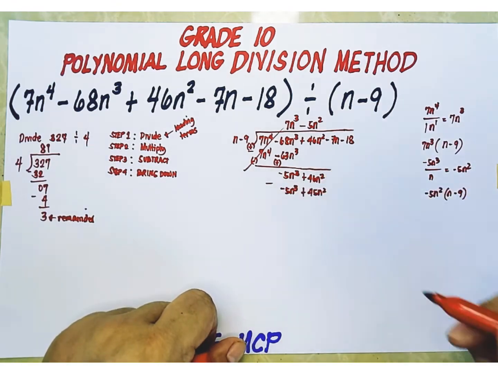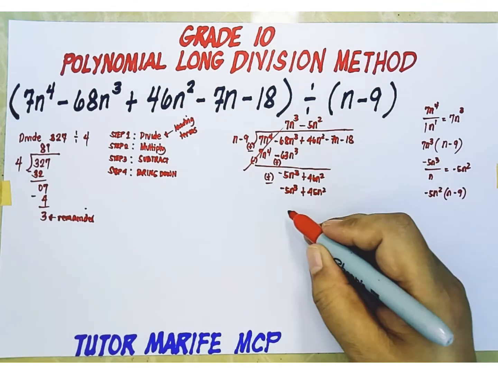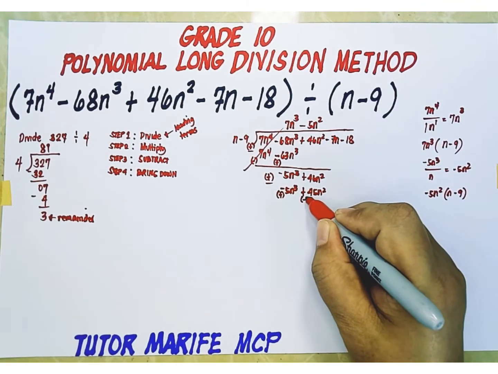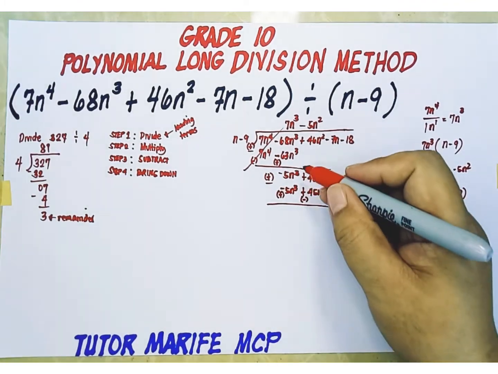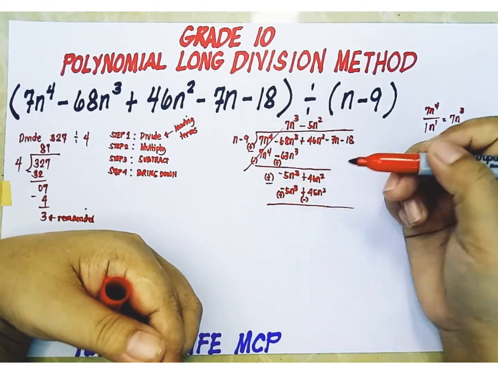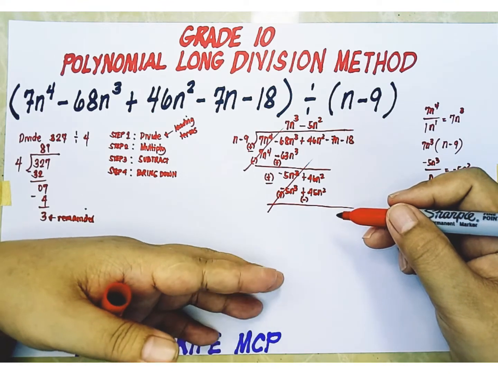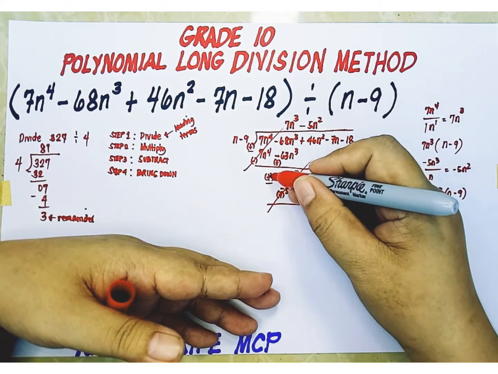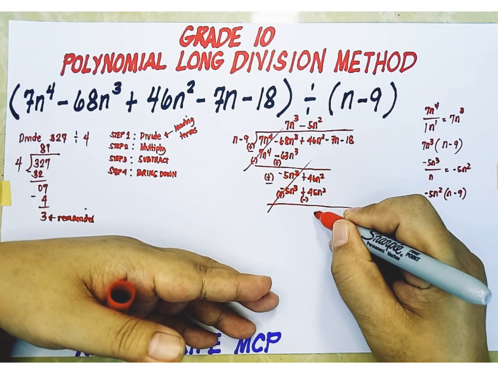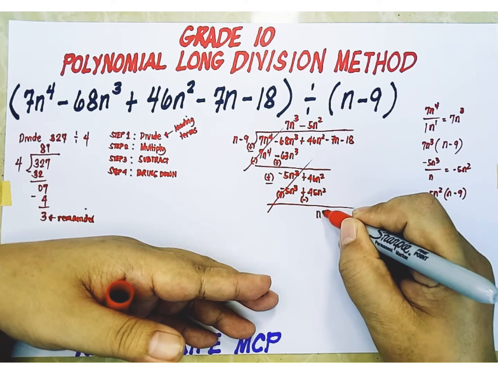Subtract. Proceed to addition. Change the sign of the terms in the subtrahend. So this becomes positive, this becomes negative. Negative 5n cubed plus positive 5n cubed is 0. 46 plus negative 45 is 1. Then copy the common literal part. So it's n squared.